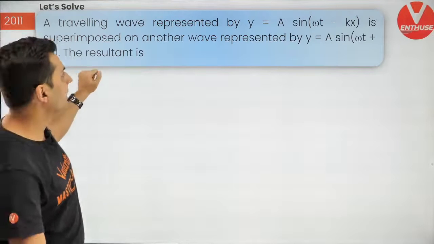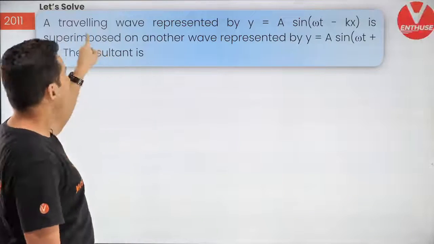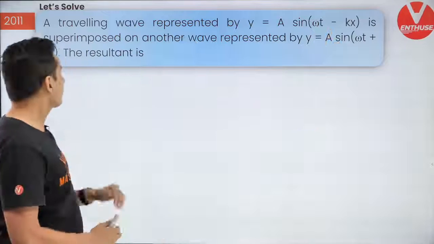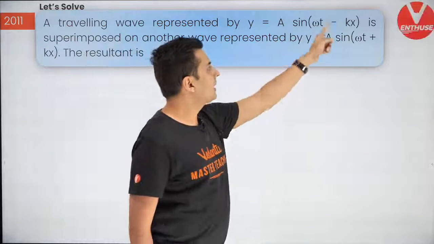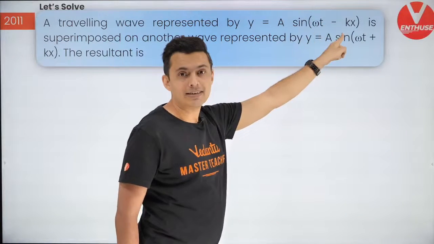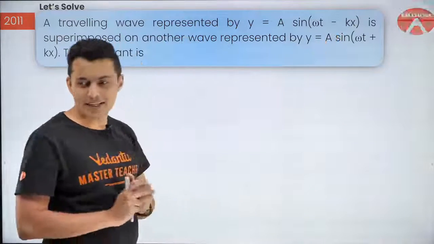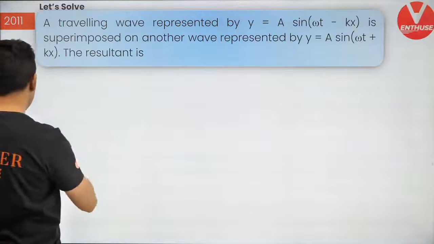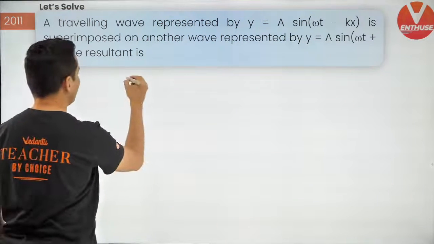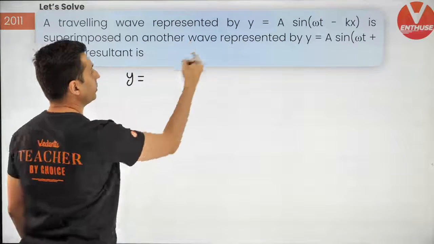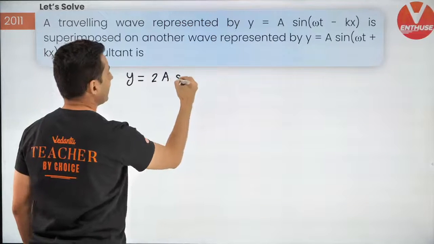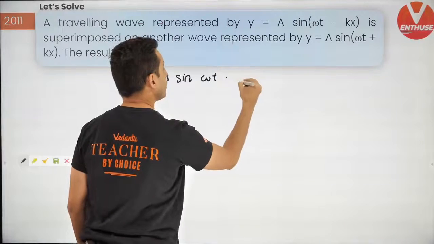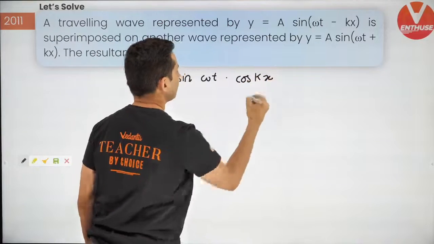Correct. Probably over here, okay, I think the wave question is slightly different. Just going back to the previous question, look over here. It's not kx minus omega t. It is omega t minus kx. So we need to be a little bit careful. I think the standing wave equation is going to be y is equal to 2a, and here you will have sine of omega t and cos of kx.